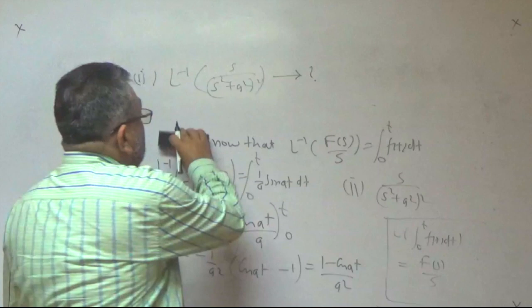These are the examples in which you can very easily understand how to find the inverse Laplace transform with the help of all the properties and formulas of Laplace transform and standard results of Laplace transform.